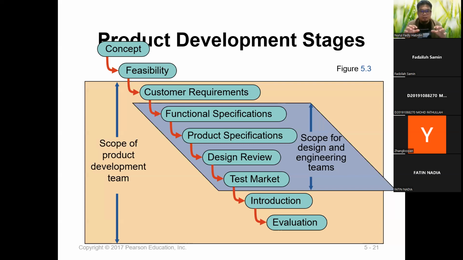In order to develop a concept and feasibility, always think regarding our operation in terms of customer, functional, and product specification. Okay, after completing these 5 integrated and aligned, we do another process: design, test, introduce, and evaluations. Okay, that is really important.